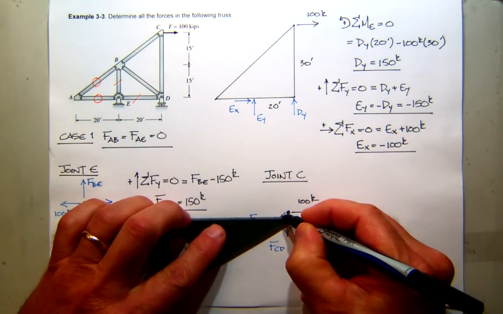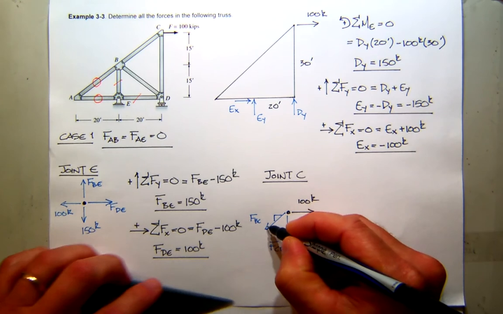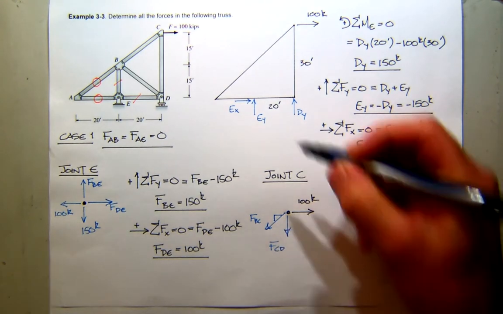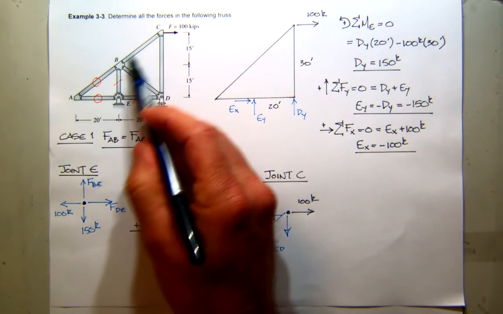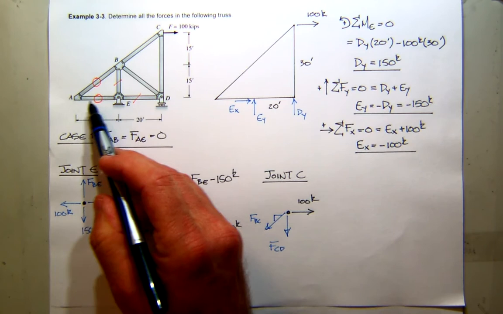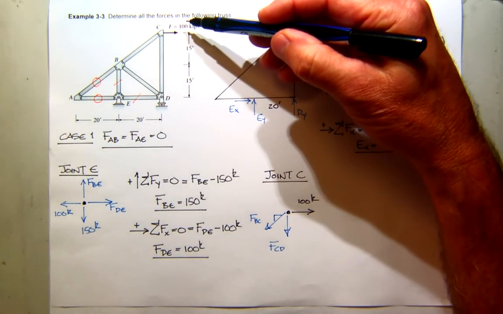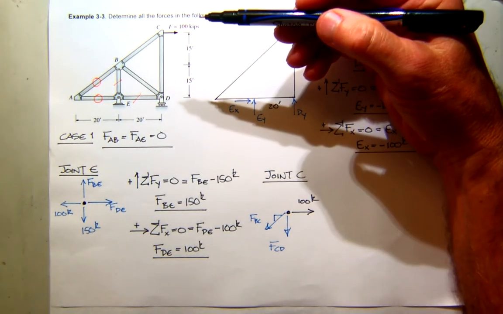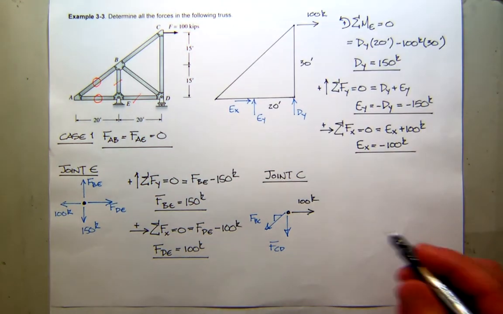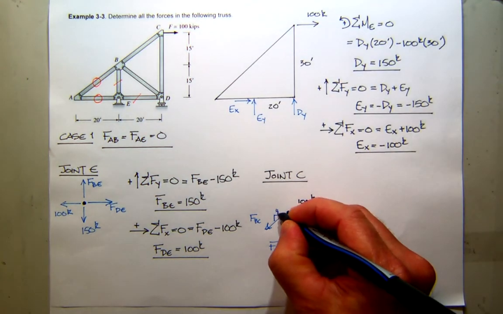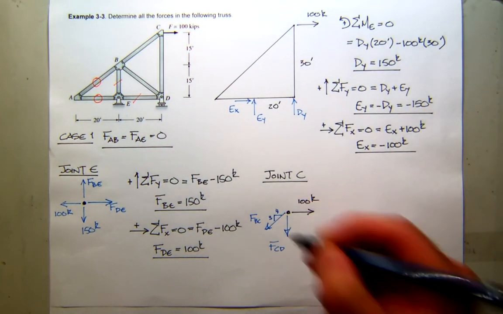And what is the slope of that element? Well, it looks like this element here has a run of 40 feet and a rise of 30 feet. So that's a 3, 4, 5 triangle again. How convenient, huh? So that would be a run of 4 to a rise of 3.